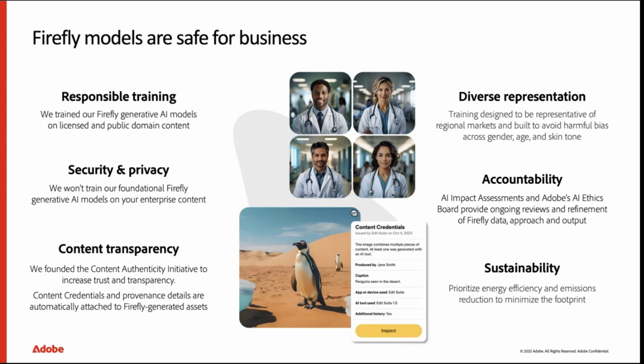With the training model that we did, we made sure that we track every single piece of element we're training Adobe Firefly on, and it is only on Adobe Stock images. I want you to learn it by heart that it is only trained on Adobe Stock imagery, as well as content that is available in public domain or the copyright for which has expired. So that's our training model data set.